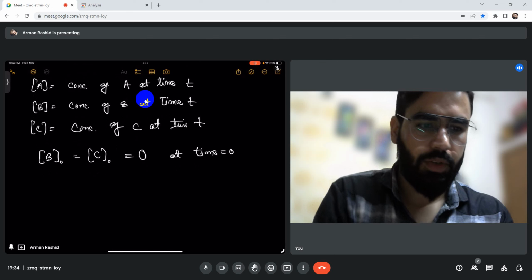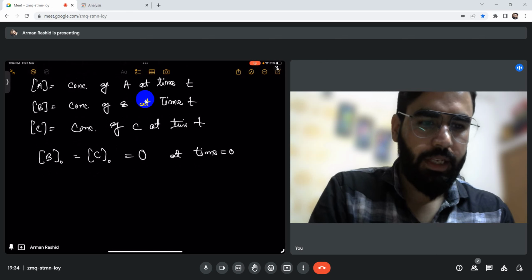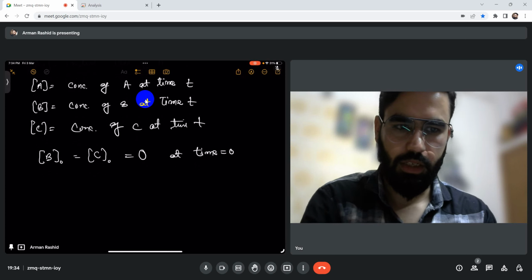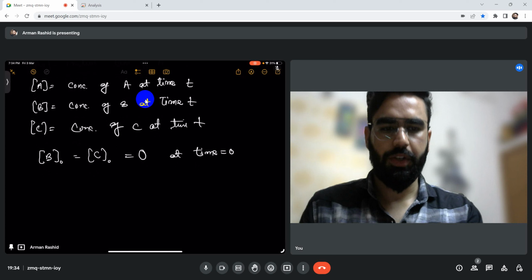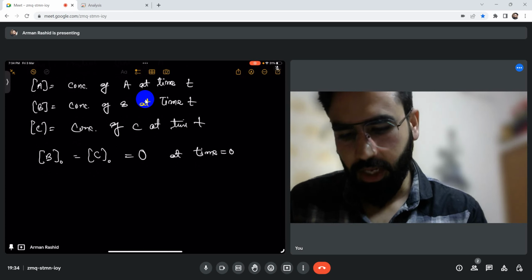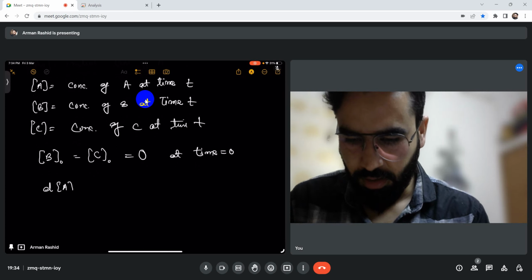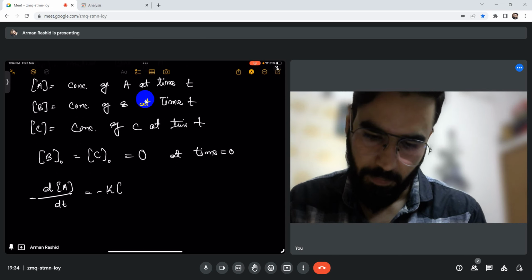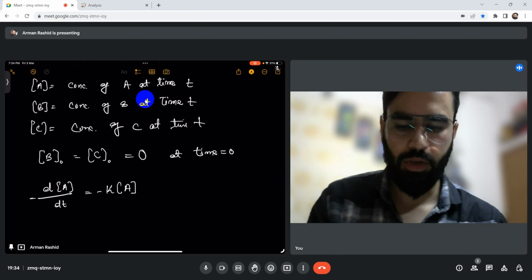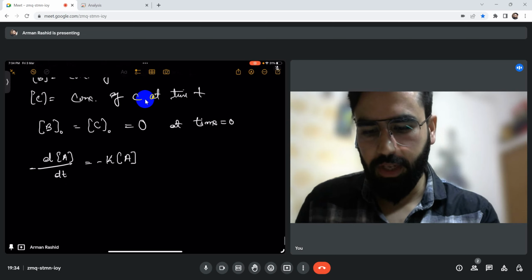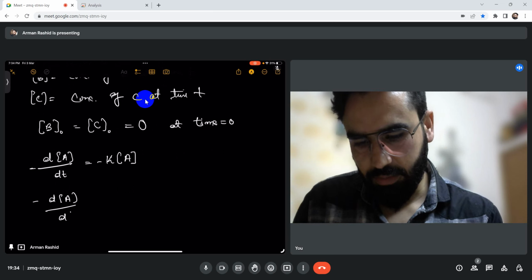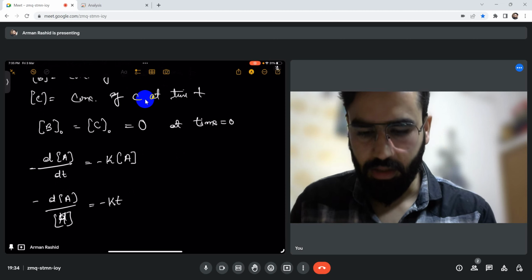So what we'll do is simply write the first order equation. The rate of a first order reaction is d of A by dt equals minus k A. Now we can write dA by A equal to minus k dt.